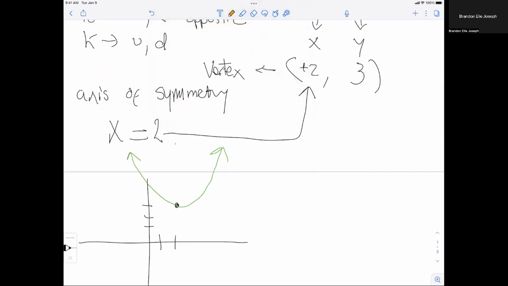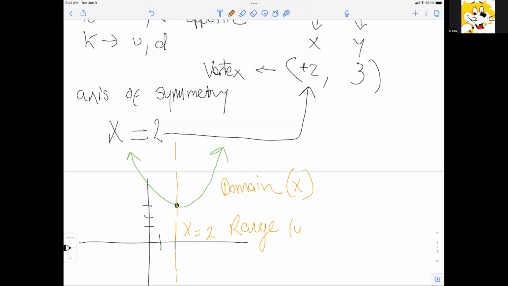X is equal to 2. This would be my axis of symmetry. And then the next question would be, what's my domain and what's my range? Now, if you recall, x is represented for domain and y is range. X is left and right, range is up and down. So for domain, what would be my values for domain if I write this in interval notation?